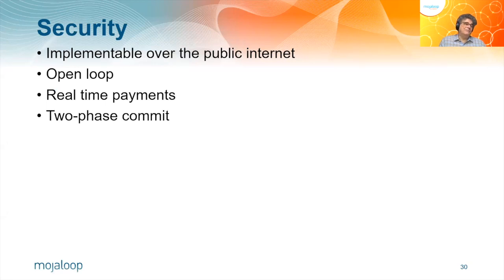This is about something which can be secure while still being cheap. We've already said it needs to be open loop. It needs to be something that doesn't require people to be large banks in order to operate successfully. There have to be ways for small institutions to join it and use it productively.